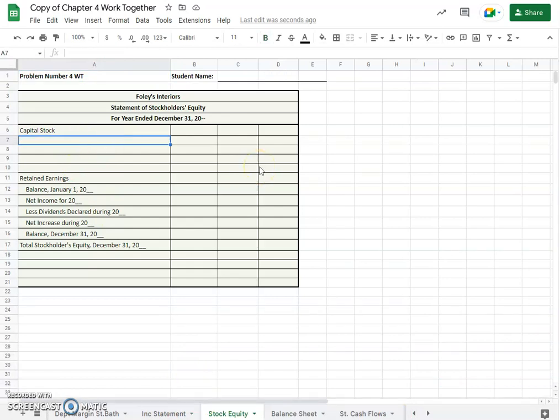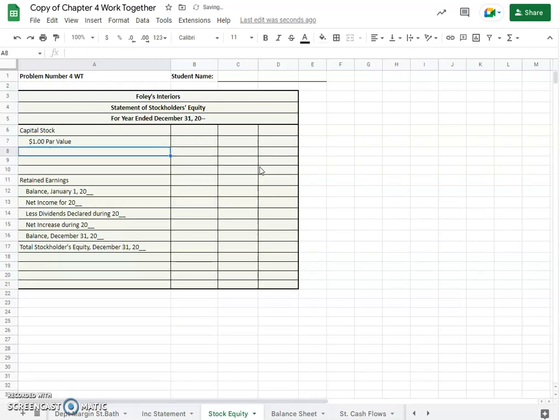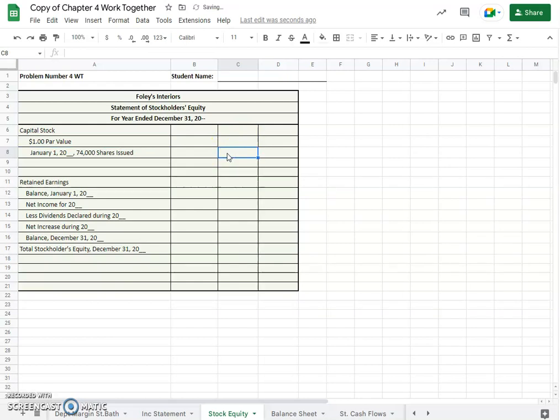We need to note a few things, like the fact that we have $1 par value, and as of January 1st, I'm not going to give the year because you may use this in multiple years, there were 74,000 shares issued. So at $1 par, that's 74,000.